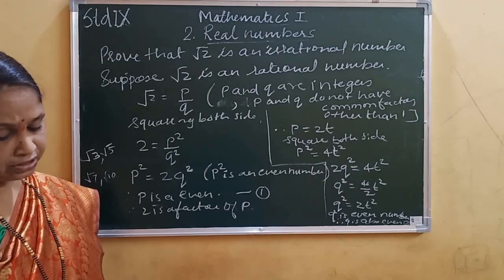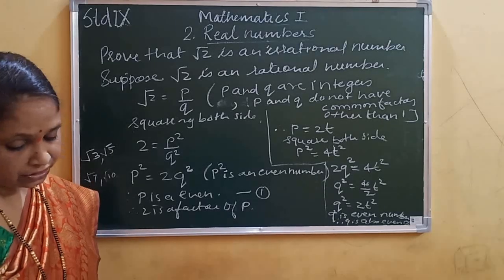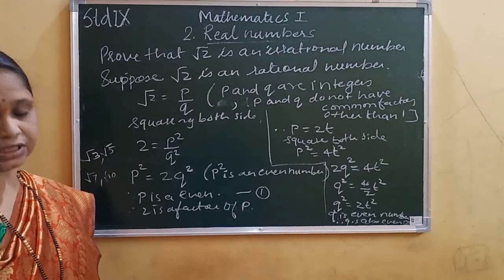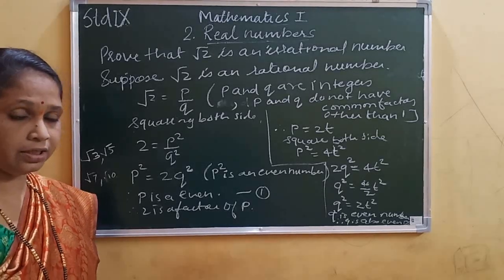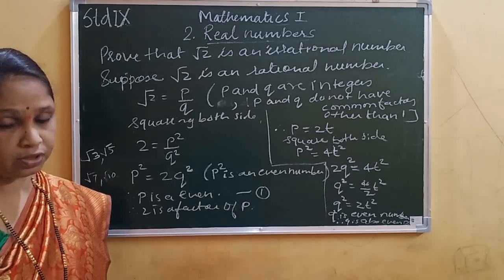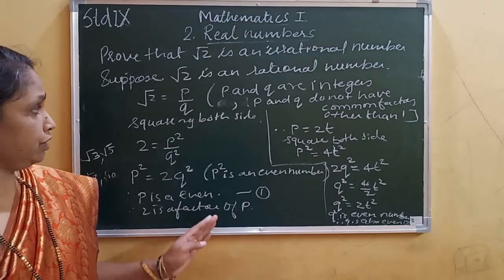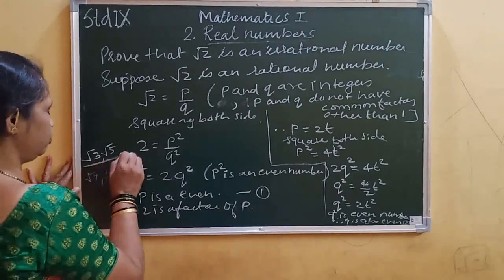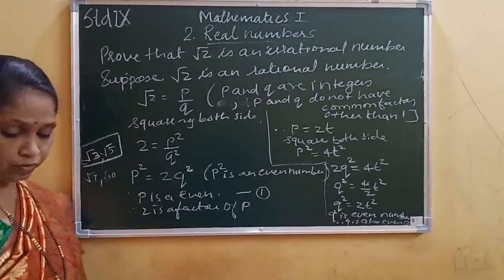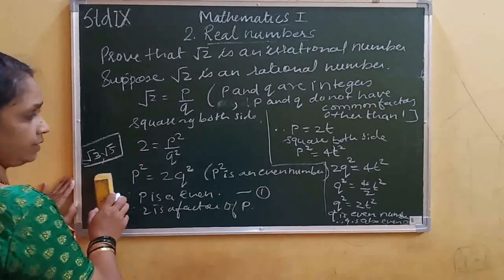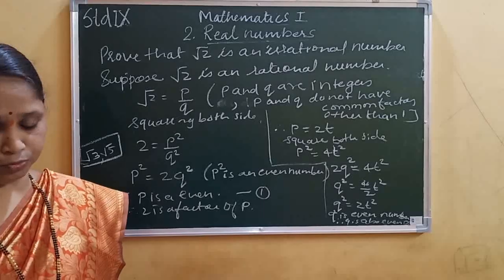Therefore our assumption that root 2 is a rational number is wrong. Therefore root 2 is an irrational number. This you write down from the textbook, and you have to prove it for root 3 and root 5 as homework in the notebook.